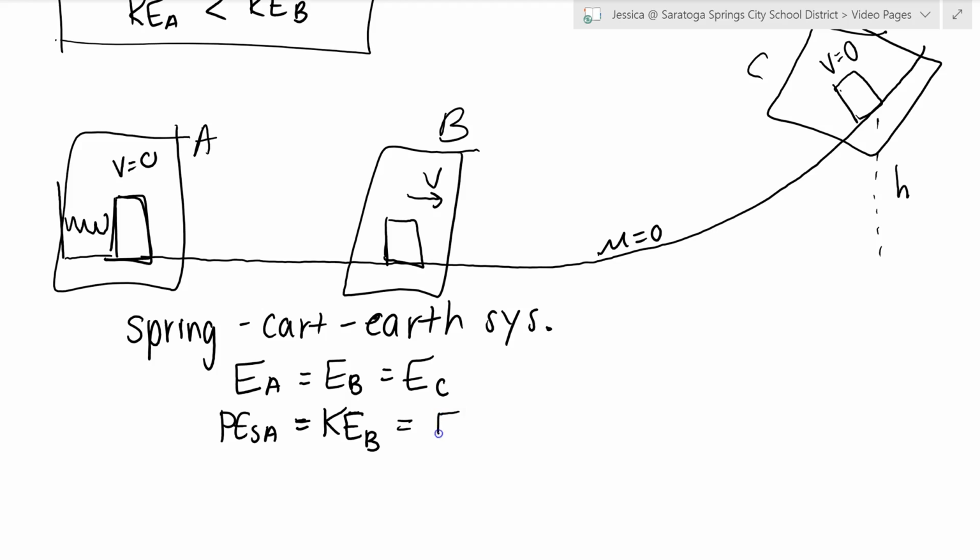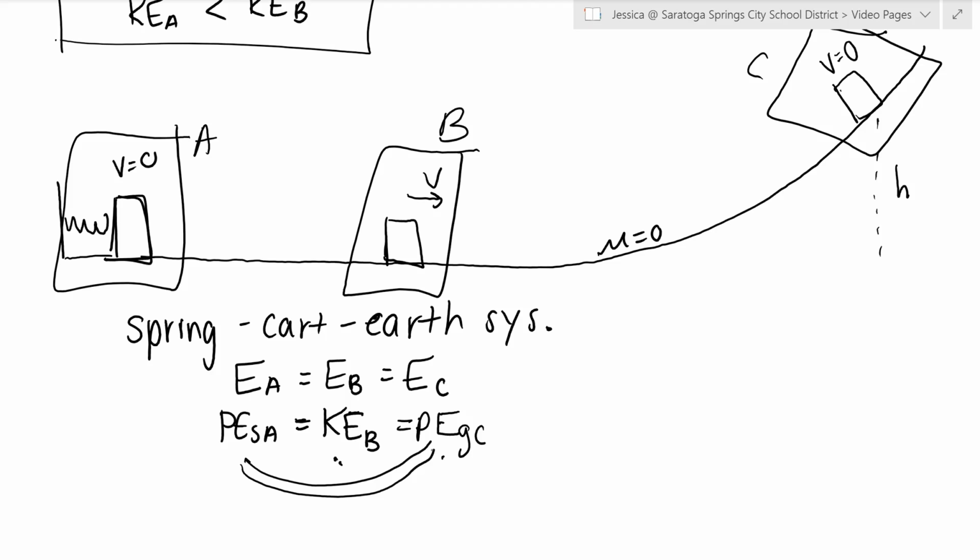So we just have gravitational potential energy. Okay. So the initial spring potential energy converts to kinetic, and that kinetic then transforms into gravitational potential. Remember from math class, if A is equal to B and B is equal to C, then A and C are also equal. So you could set the initial spring potential energy equal to the final gravitational potential energy.